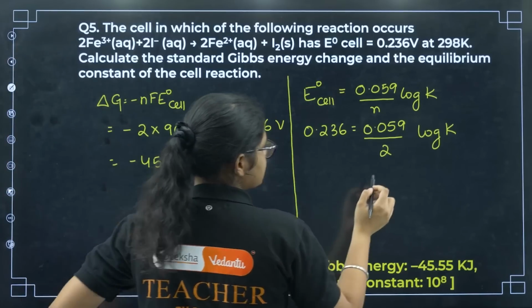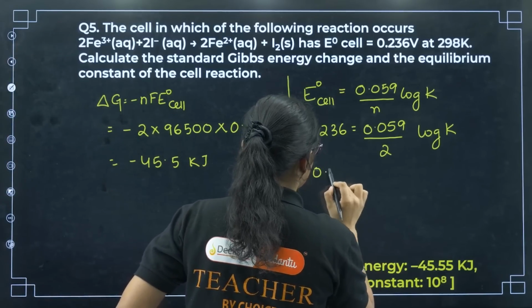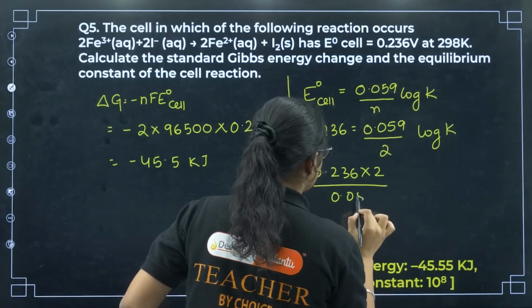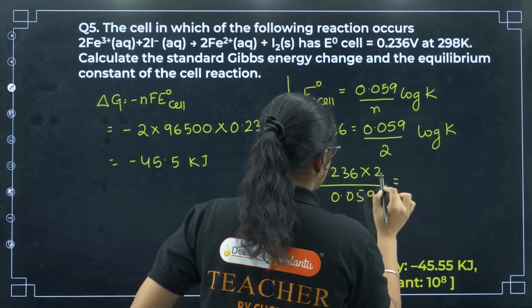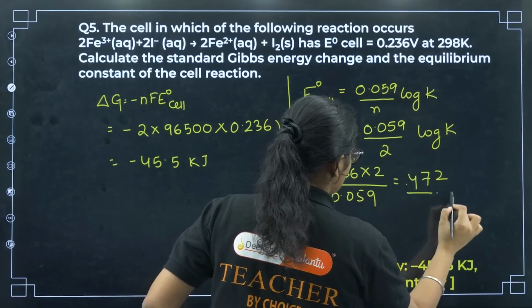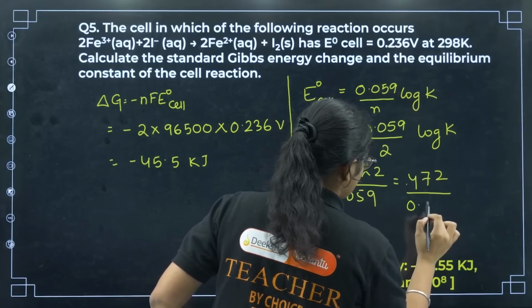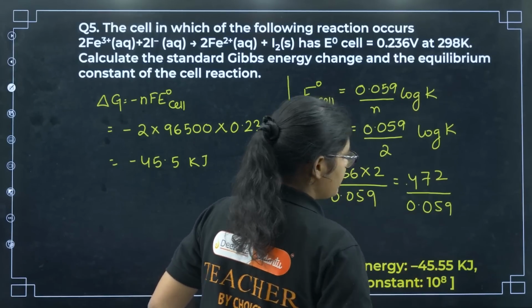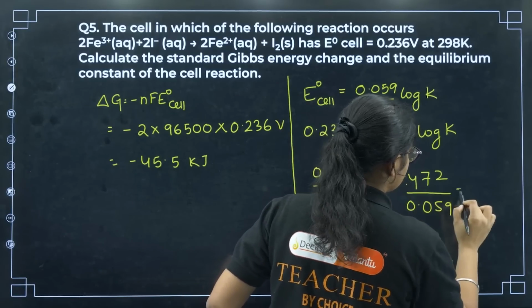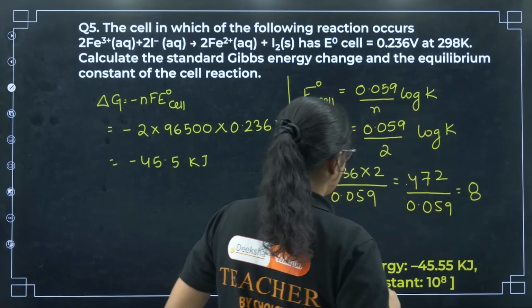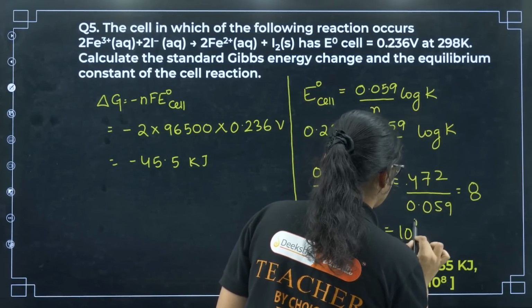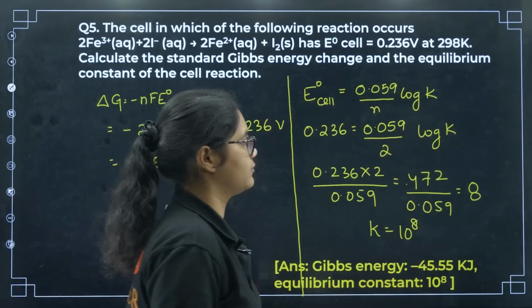If I multiply 0.236 into 2 by 0.059, you can see 2 6s are 12, 2 3s are 6 plus 1, 7, 2 2s are 4, so 0.472 by 0.059. Then 8 9s are 72, 8 5s are 40 plus 7, 47. So I will get 8 here. This 8 is log K. Then K will be equal to 10 to the power of 8.